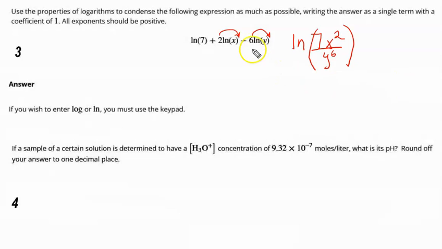Now, another way of looking at this also over here is this would be y, and then think of this as a 1 here, a negative 1 times 6, a negative 6, and bringing it down to the denominator makes that negative 6 a positive 6. So again, just a little more background and review.